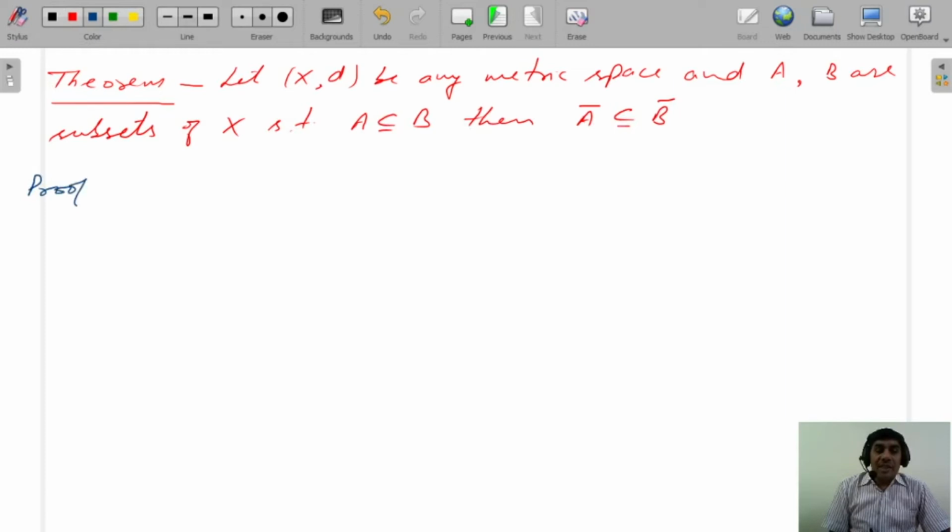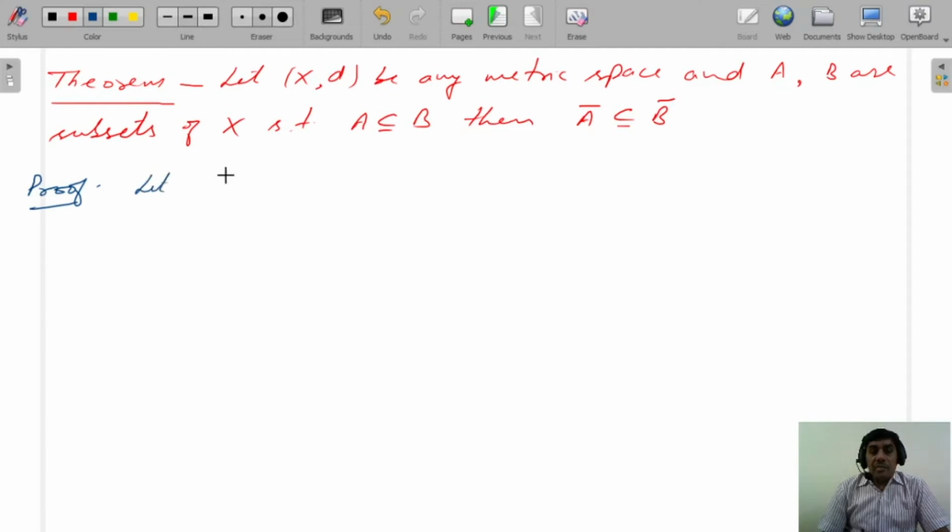It is given that (X, d) is a metric space, A and B are any two subsets of X, and A is a subset of B. We prove the closure of A is also a subset of the closure of B.